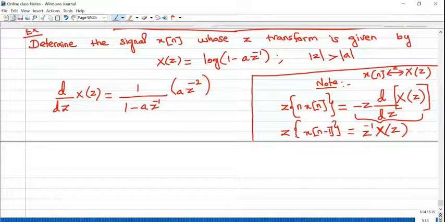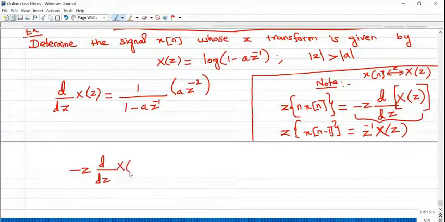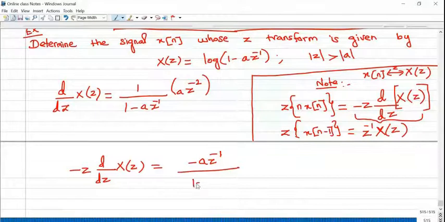So that is d by dz of x of z. Next, multiply with minus z. So minus z d by dz of x of z: your result is minus a z power minus 2 times z, so z power minus 2 becomes z power minus 1. Minus a z power minus 1 divided by 1 minus a z inverse.